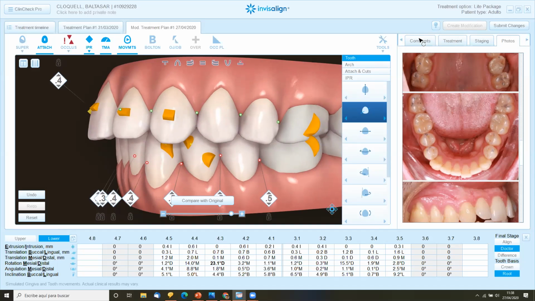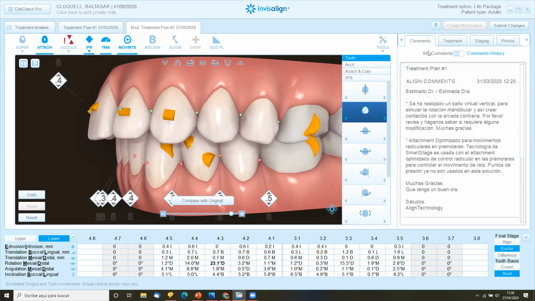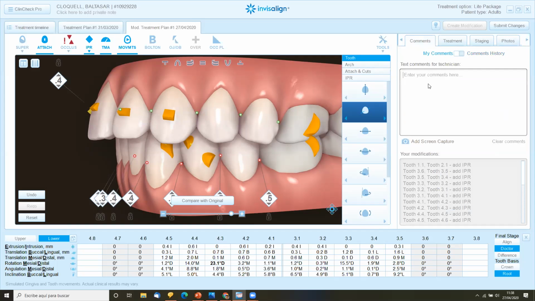So one of the things that I'm going to do right now is write a comment to the technician. I'm going to write it in Spanish, but I'm going to say, please update my attachments, okay? Update them. Dear technician, now they want to be called CAD designers, but for me, they are technicians.